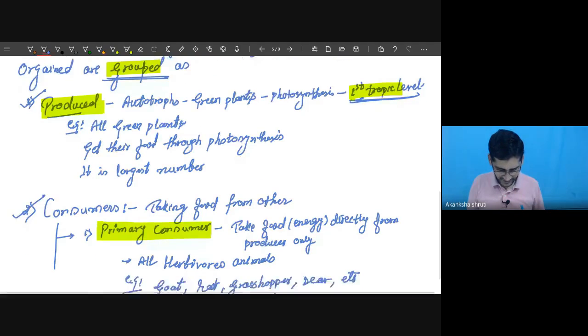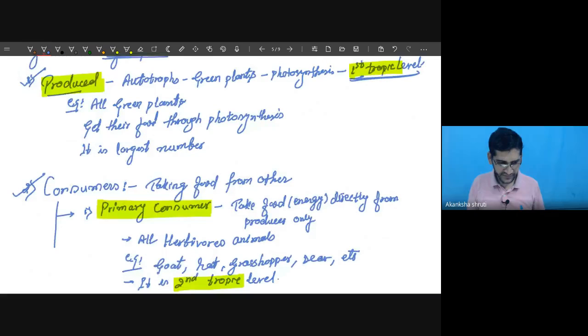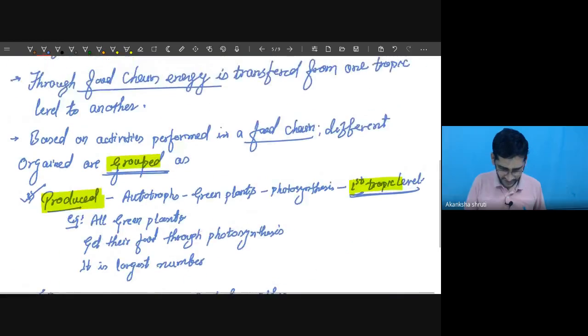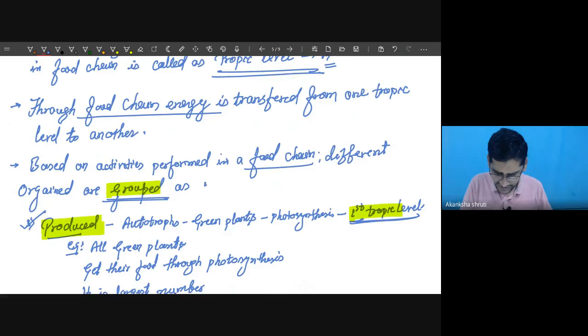The third one is called your decomposer. So before explanation, let me write it here itself. A is the producer. B, you also write here, the consumer. And the third one is decomposer.